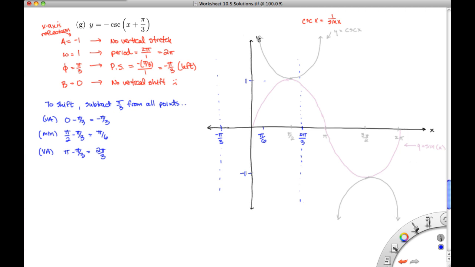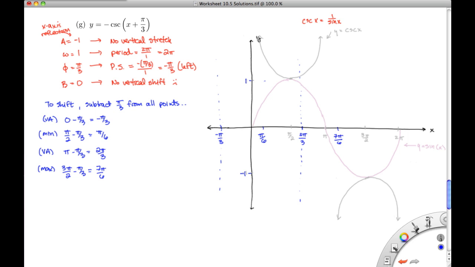Just put that in there. And then we've got the max, which was at 3 pi over 2. We subtract pi over 3. That's going to give us 7 pi over 6. So that's going to be right here, and that would be this point.